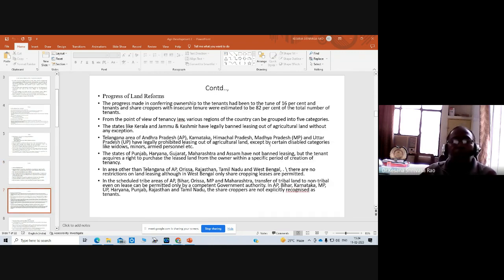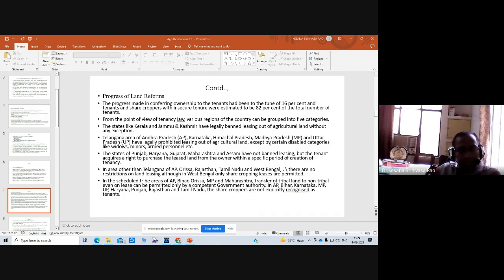Then the progress of land reforms over a period of time, so how these things have been implemented in the different states of India that I have just mentioned. From the point of view of tenancy law, various regions of the country can be grouped into five categories. Tenancy means, as you all know very well, the land belongs to one person. He is not able to cultivate that land.